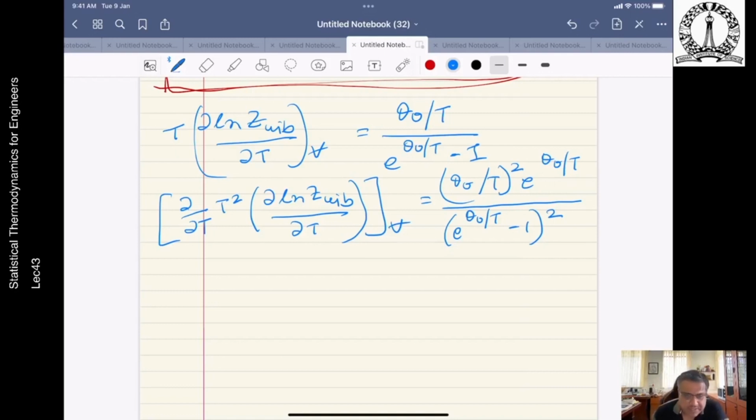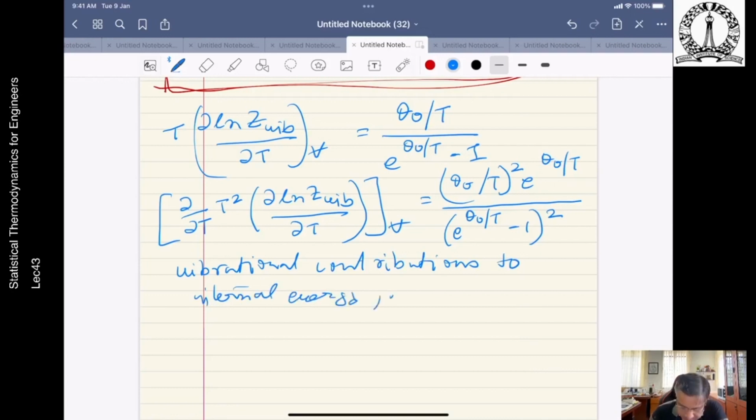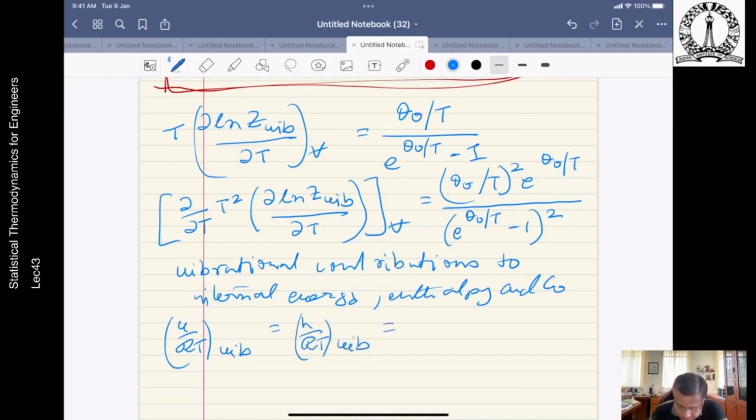On the basis of this, we can now calculate the vibrational contributions to internal energy, enthalpy, and heat capacity, CV. So U by RT for the vibrational contribution, which is the same as H by RT vibrational, is equal to theta V by T divided by e to the theta V by T minus 1.